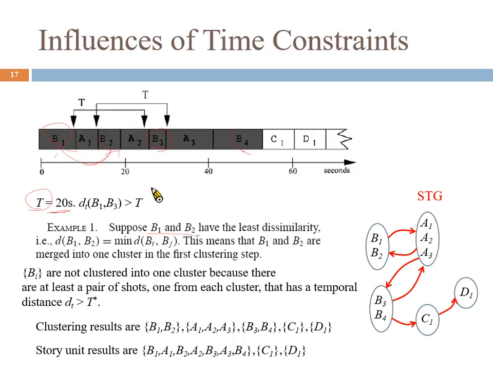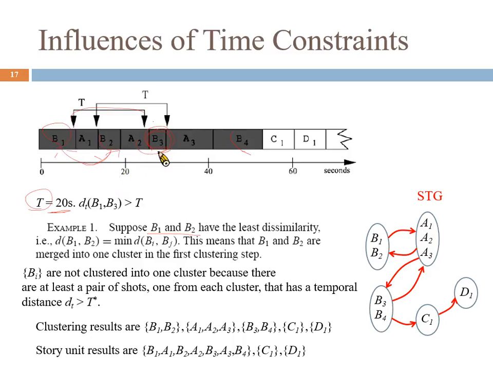And then when we try to find other similar video shots, we may find B3, but B3 cannot be clustered into the set with B1 and B2. Why? Because the temporal distance between B1 and B3 is larger than T, so we cannot cluster B1, B2, B3 together.